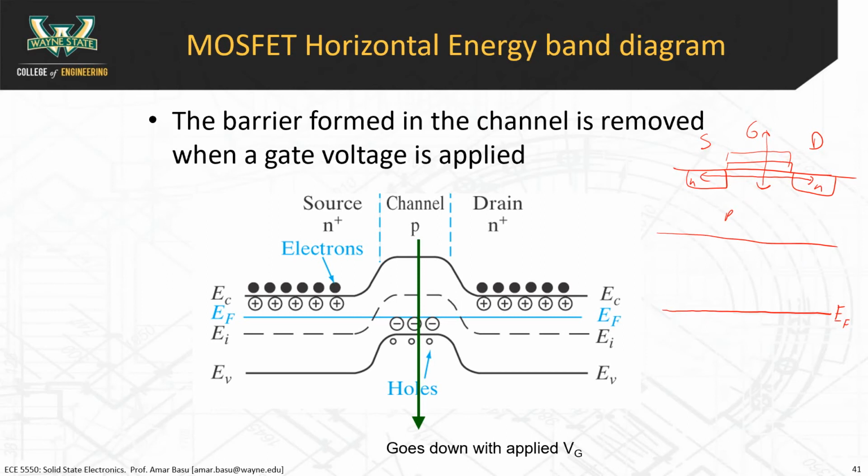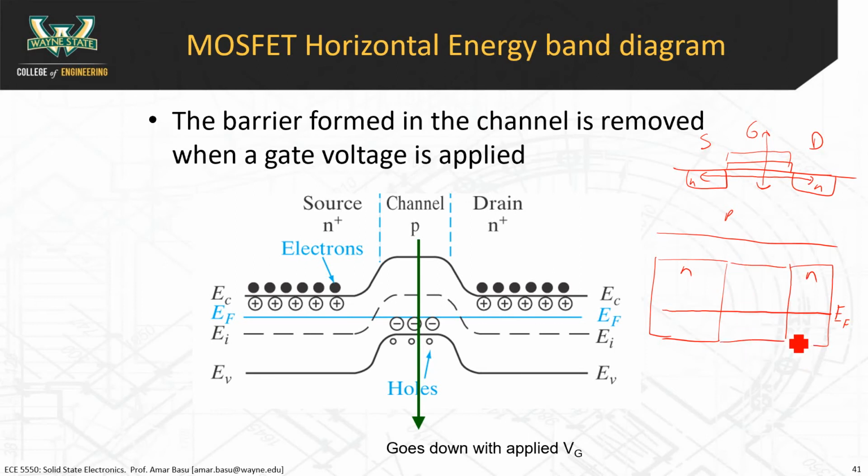So imagine that in your energy band diagram, I know that this section here is N-type. This section here is N-type. And the region just under the gate is P-type.